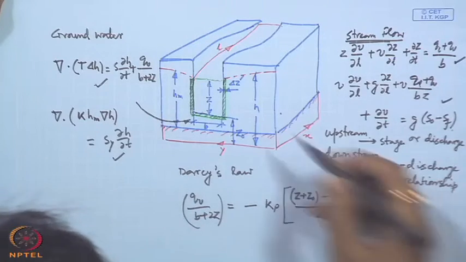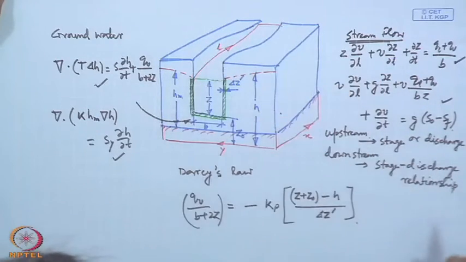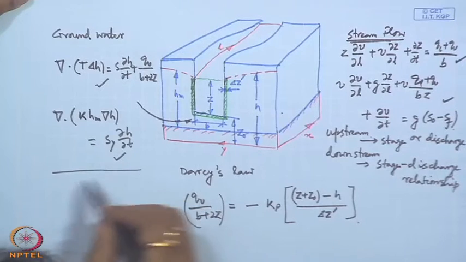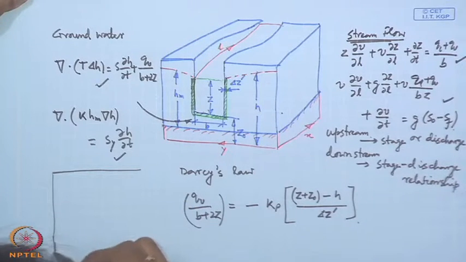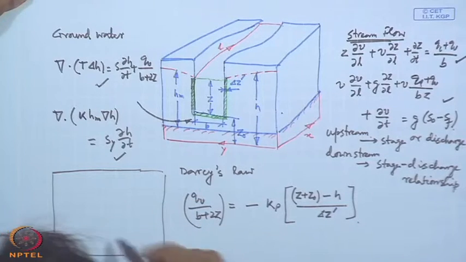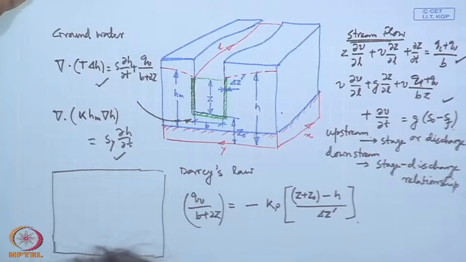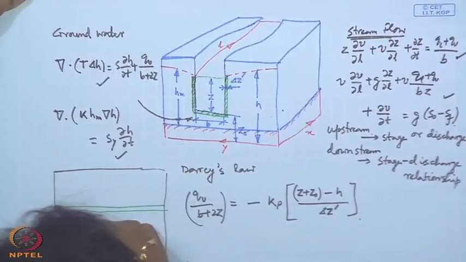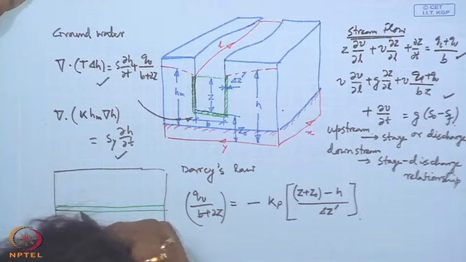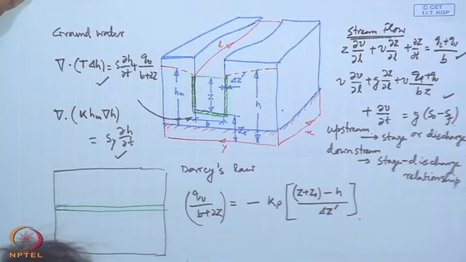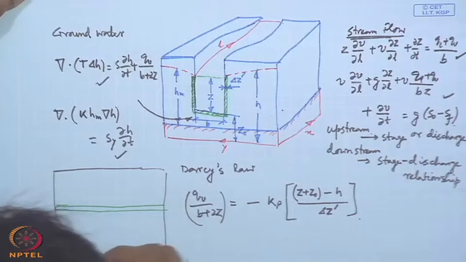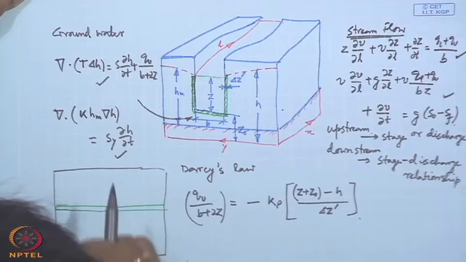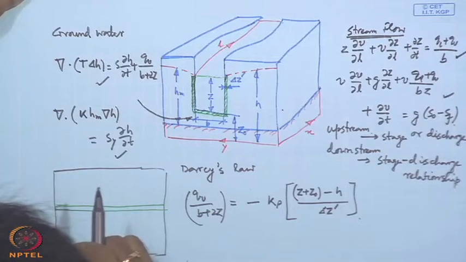So, this is for the stream, and for aquifers we will consider the whole region as impermeable. So, we have a stream here, which is flowing like this, and this is our x and this is our y axis.